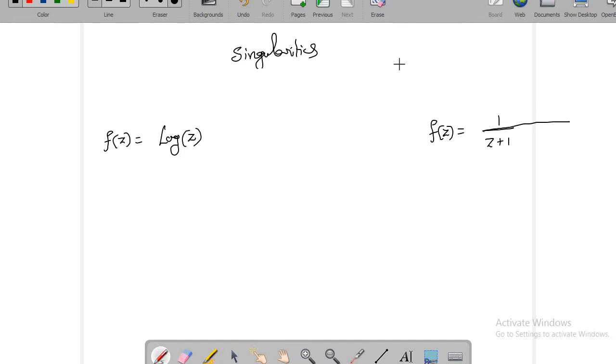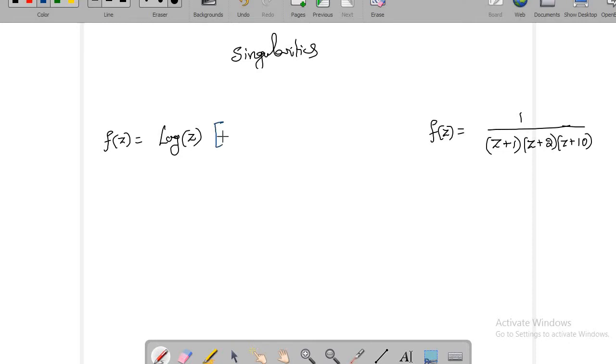Okay, or let me take some more. So 1 by (z plus 1) into (z plus 2) into (z plus 10). Okay, now can you tell me what are the singularities of this function?